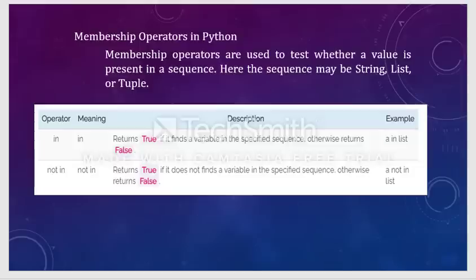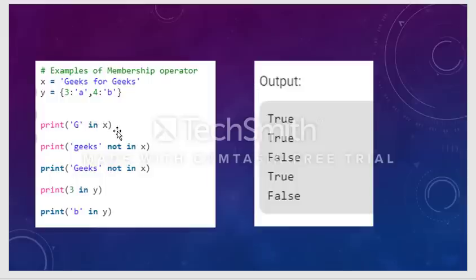Let's see with an example. You will understand how this works. x is equal to a string, "geeks for geeks", and y is equal to some values I have written, 3 colon a, 4 colon b. You can check with this program.